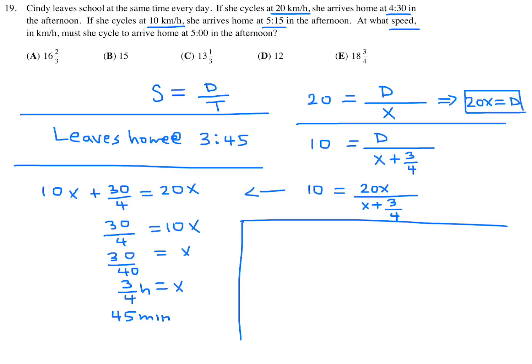Well, we just use this equation that we created. 20x is equal to D, where D is the distance. x we got was 3/4 of an hour. So 20 times 3/4 is D, and therefore D is 60/4 or 15. And our units is kilometers. So she is 15 kilometers. It's a pretty far school. 15 kilometers from her school to her house.